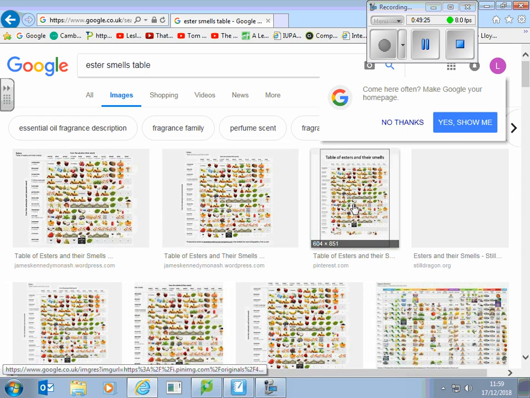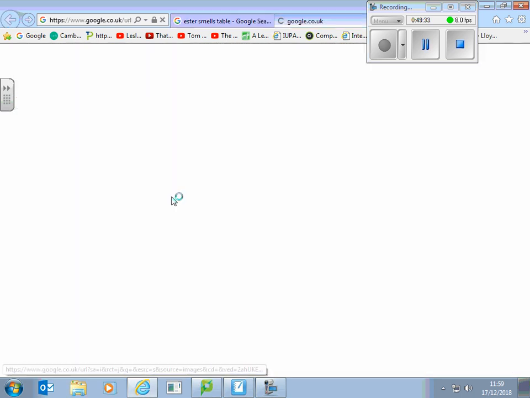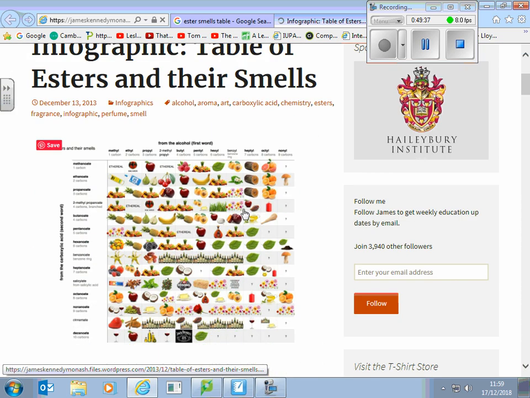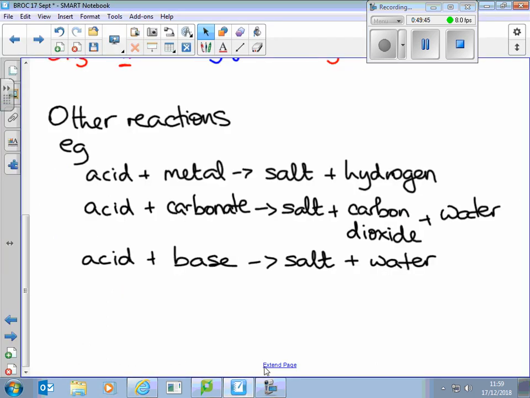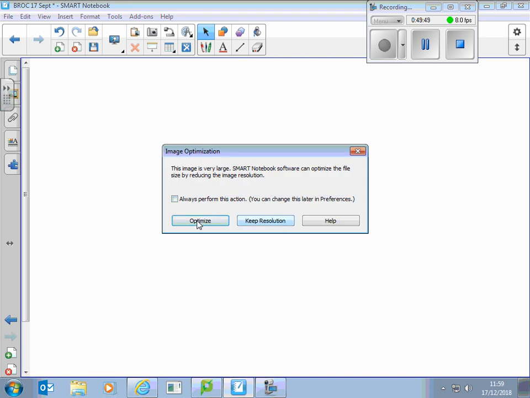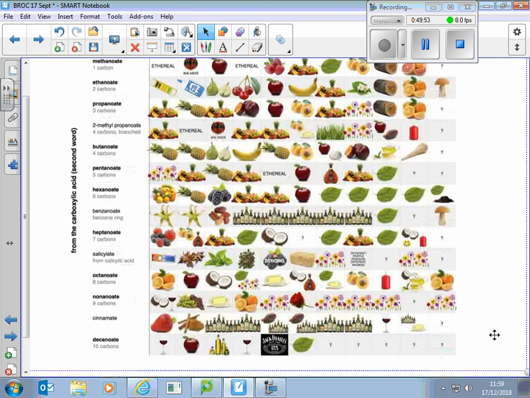I only want the esters. Let's see if I can stick that into here. I think I might need a new page for that. Okay.